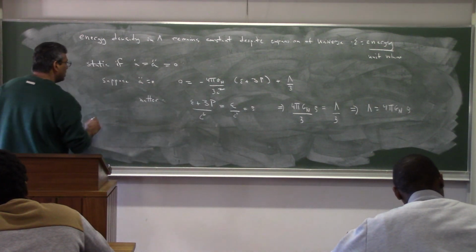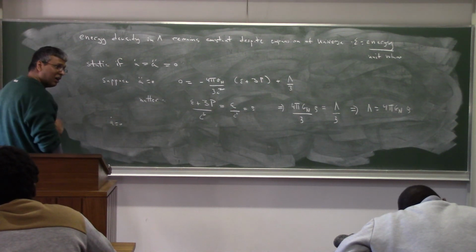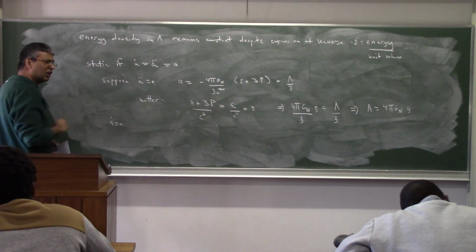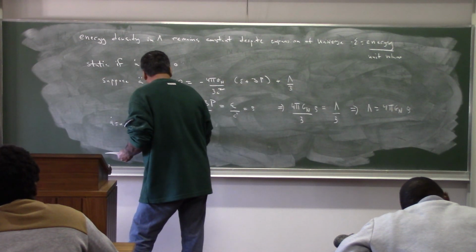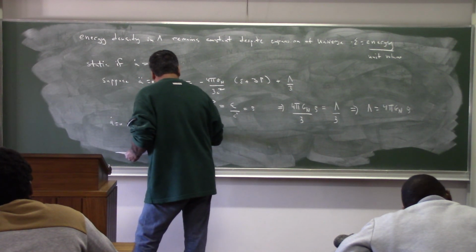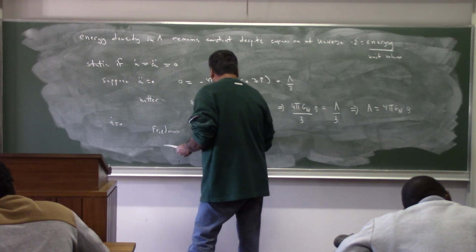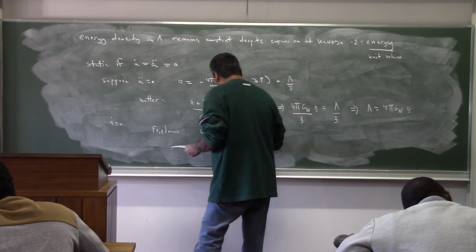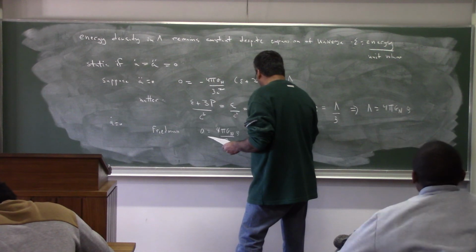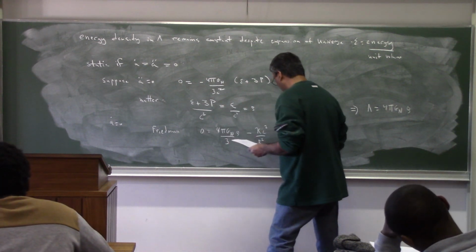So now, we know the universe is static, so a dot equals 0 as well. So let's plug this into the Friedmann equation. So Friedmann tells us that 0 is 8 pi G Newton rho over 3 minus kappa c squared over r squared.